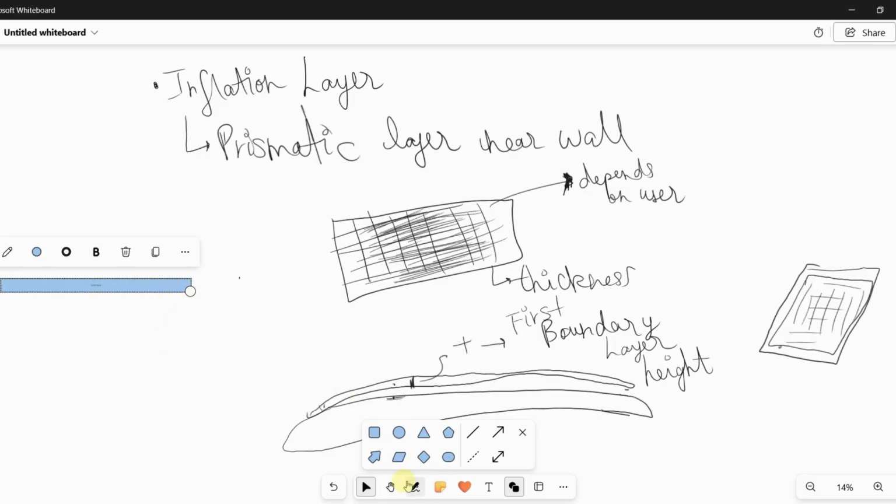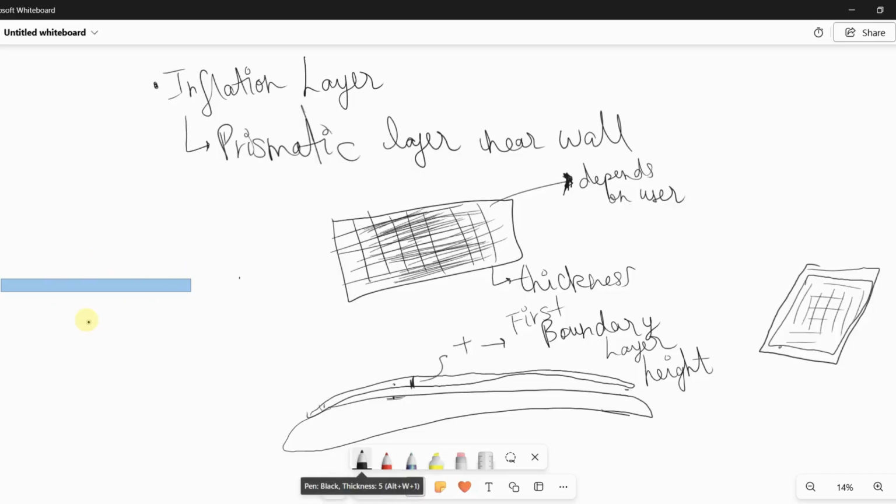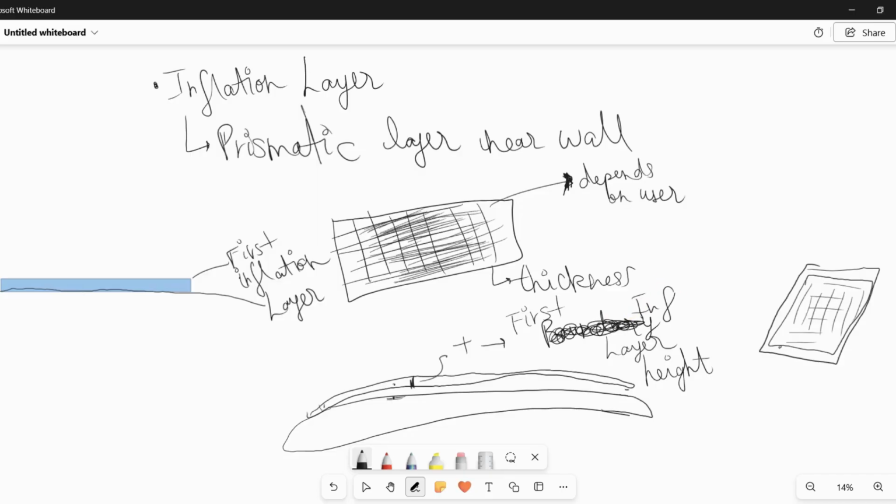Yeah, perfect. So now if my surface is like this, suppose, and this is my first inflation layer. I'm sorry, this is not boundary, this is inflation layer. My bad.